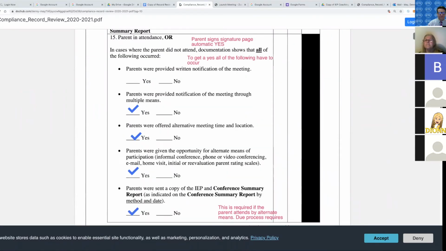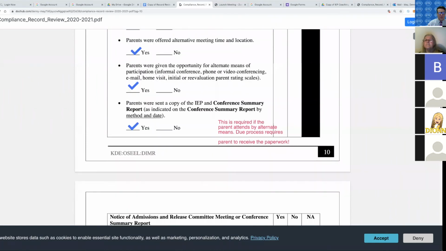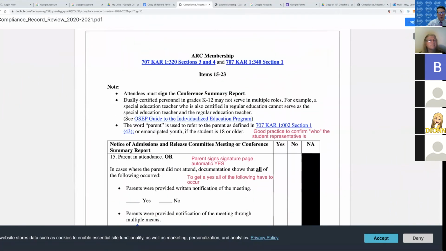So as we move on, I want to circle back up here, and it says duly certified personnel in grades K-12 may not serve in multiple roles. For example, a special ed teacher who is also certified in regular ed cannot serve as the special education teacher and the regular ed teacher.